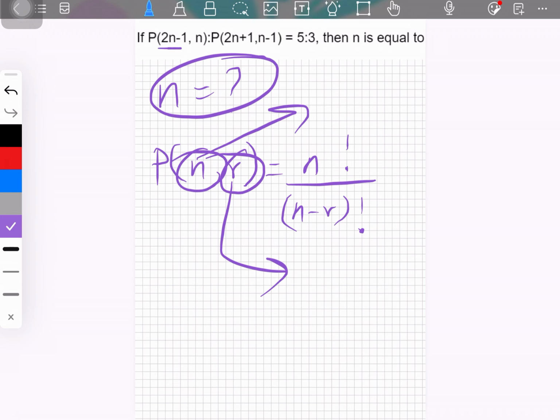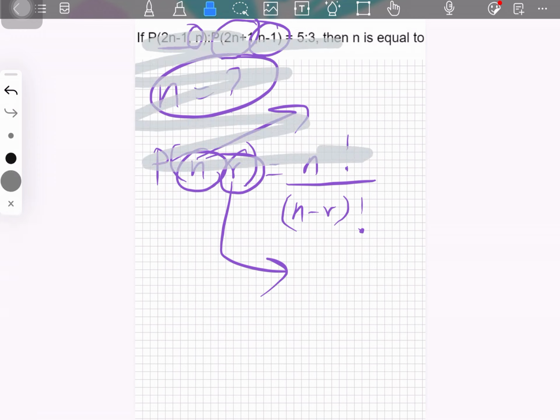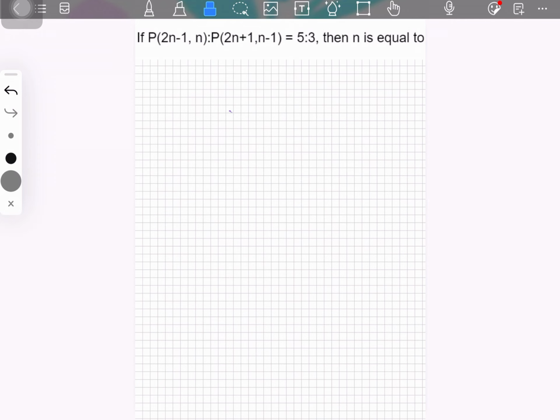So in this case, 2n minus 1 is the total number of objects and n is the total number of objects selected. Similarly here, 2n plus 1 is the total number of objects and n minus 1 is the total number of objects selected. So let's start solving this question.